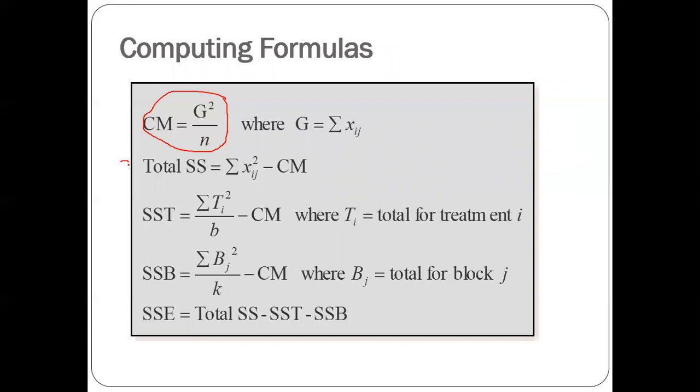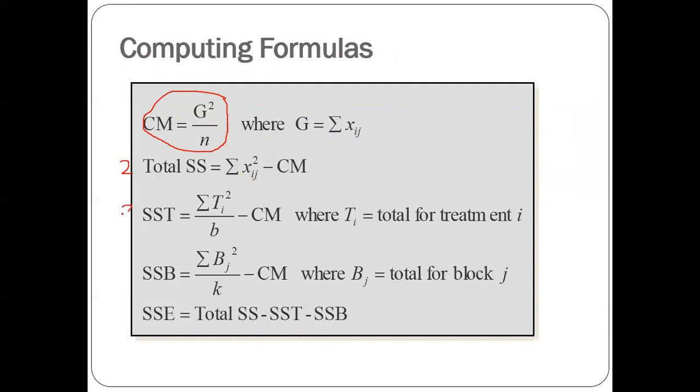The second step is we need to find the total sum of square, which is the sum of squares of all values minus the value of CM.